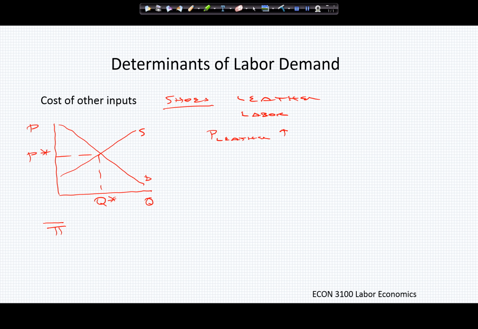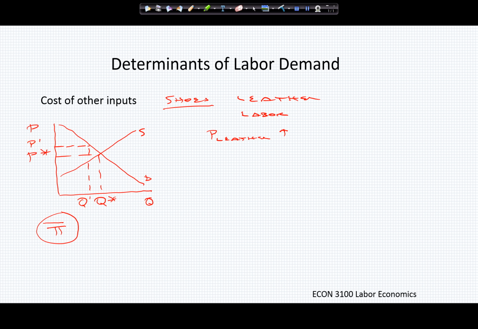Well, if the price of leather rises, and if leather and labor are complements in the manufacturing of a shoe, then that's going to increase the price that the shoe has to be sold for in order for this profit margin to remain constant. So let's say we're moving to P prime.